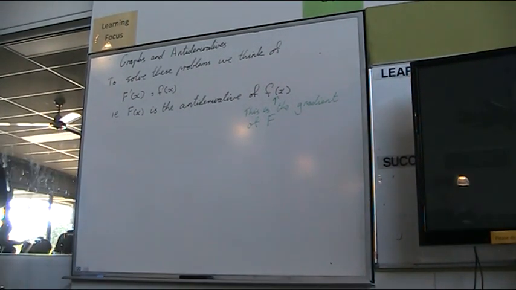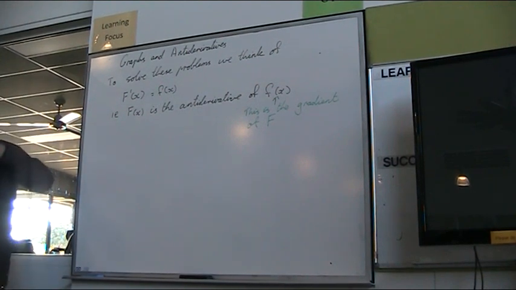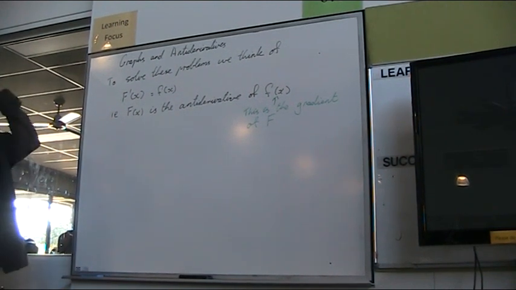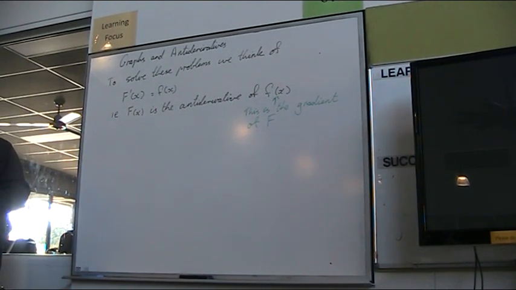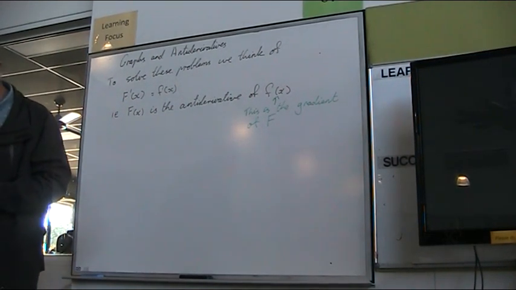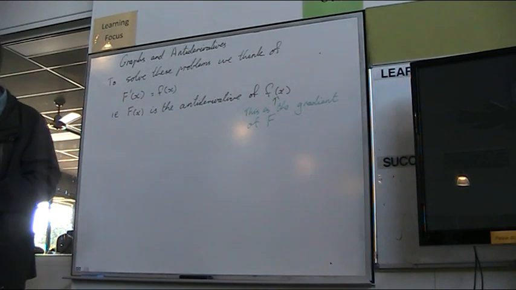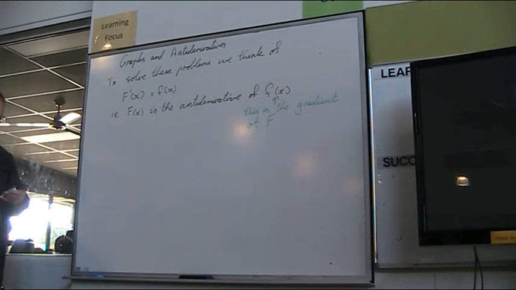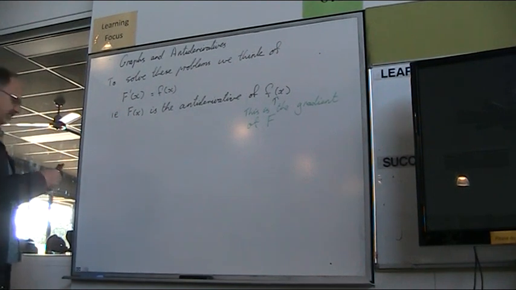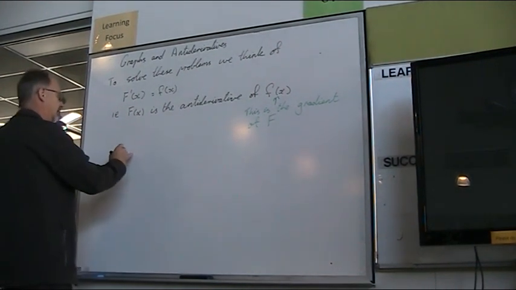Alright. So if we're anti-differentiating little f to get big F, that means that little f is the gradient of big F. Alright, that's the key thing. I'll write that down.